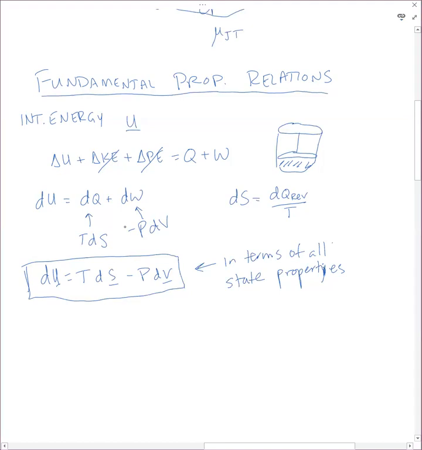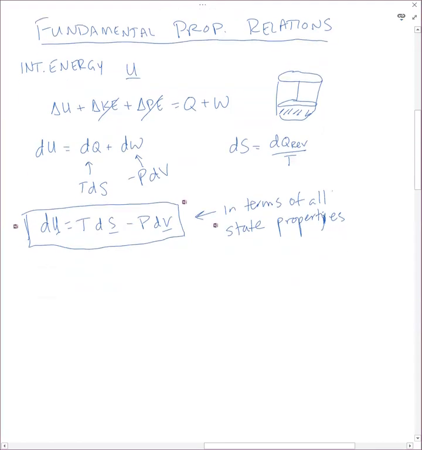Now from there, we can go further and define molar enthalpy, H. That is defined as U plus PV. So that's just the definition of what enthalpy is. And now I can take the total derivative of this expression to get an analogous expression for dH.